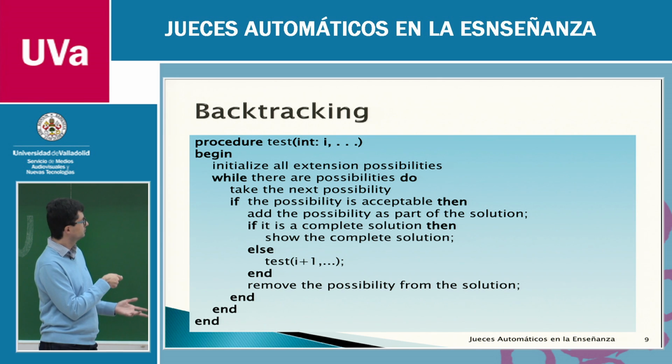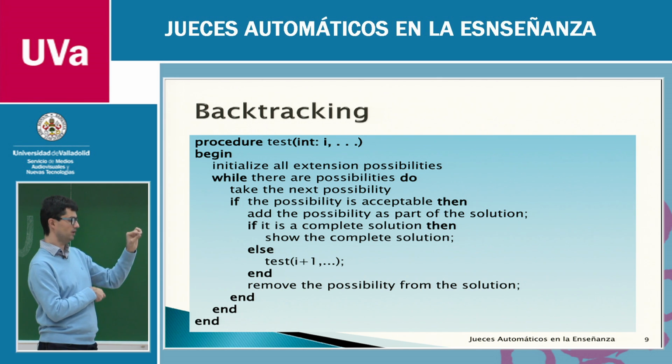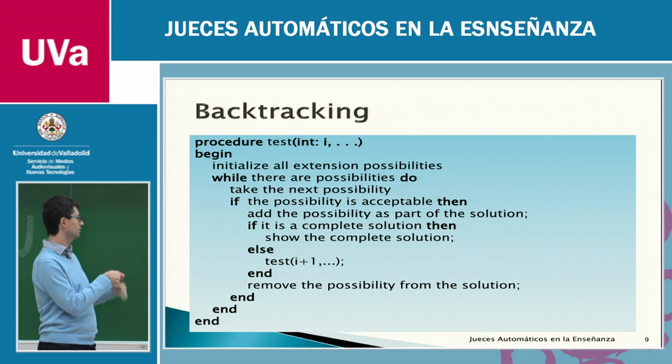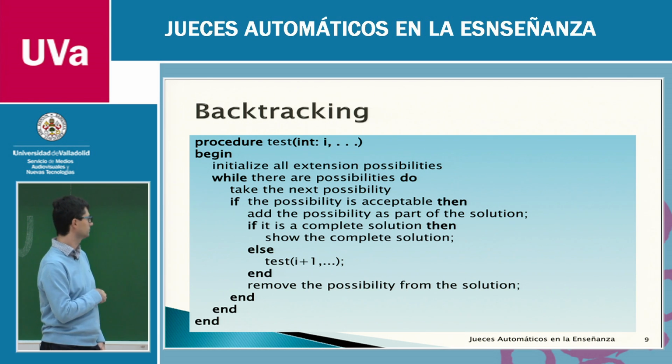At the end, when you have tried all the elements in that branch, you should go backwards. So you need to remove that possibility from the solution and go over.